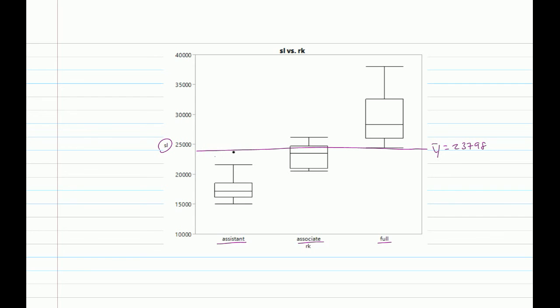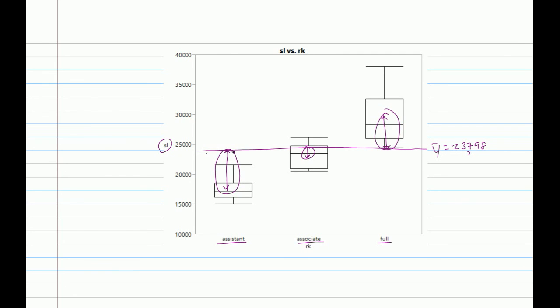I've drawn in approximately what our y bar is, that grand mean, which is 23,798. SSB is saying, how different is my mean from group 1? We're going to take that arrow and square it. Then how different is my mean from group 2? We're going to take that arrow's length and square it. And then how different is my mean from group 3? We're going to take that arrow's length and square it.